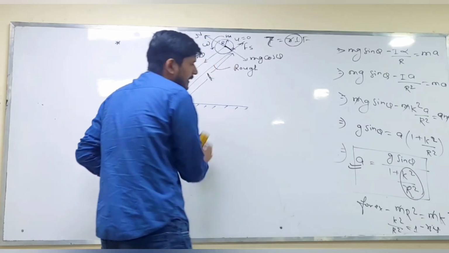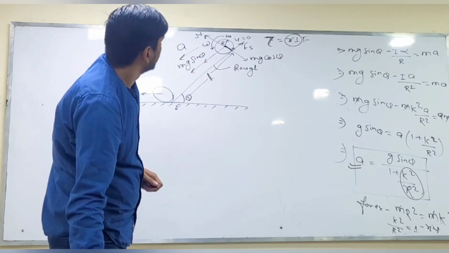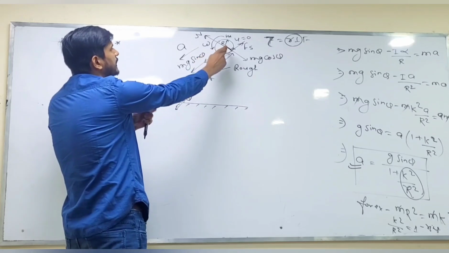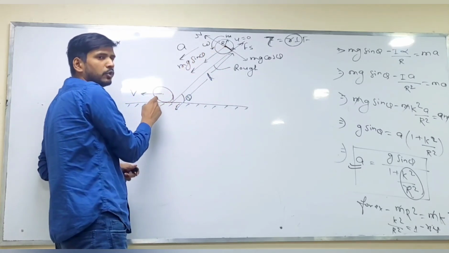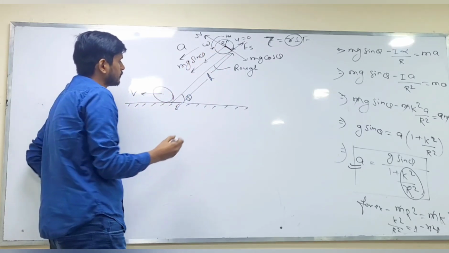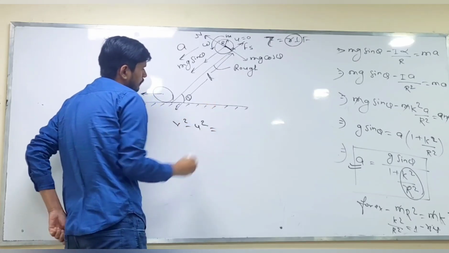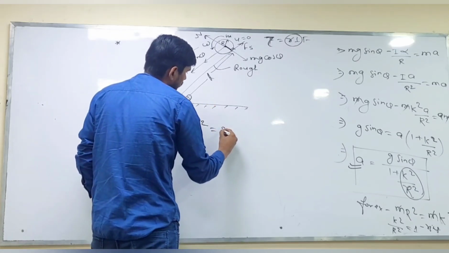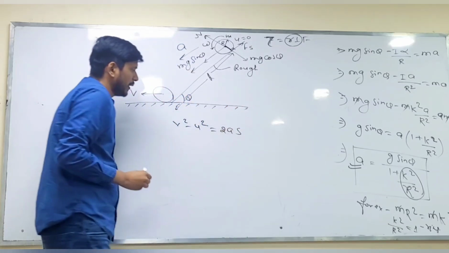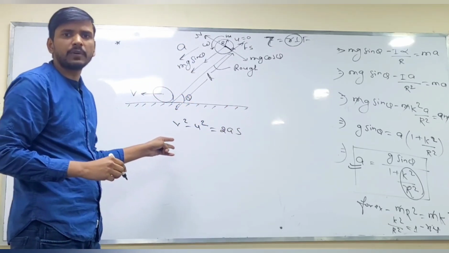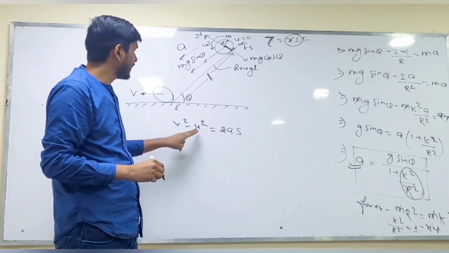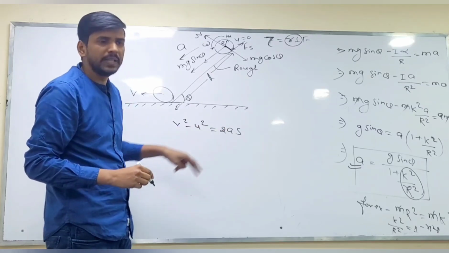Now we will find the velocity of this body when it comes to the ground, by using the third kinematics equation, v square minus u square equals 2as.